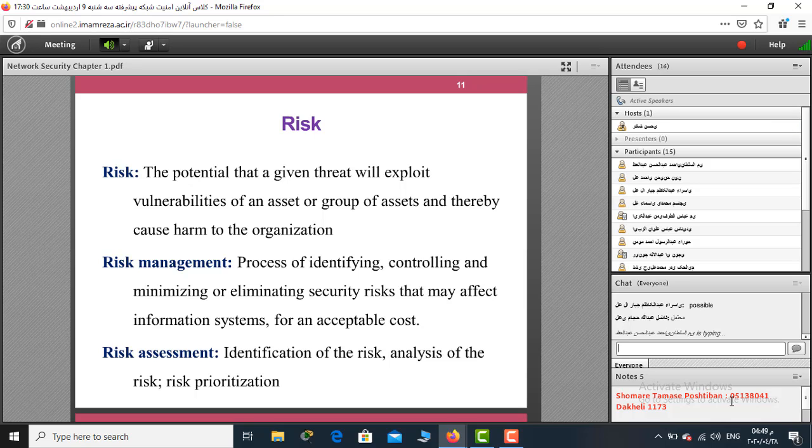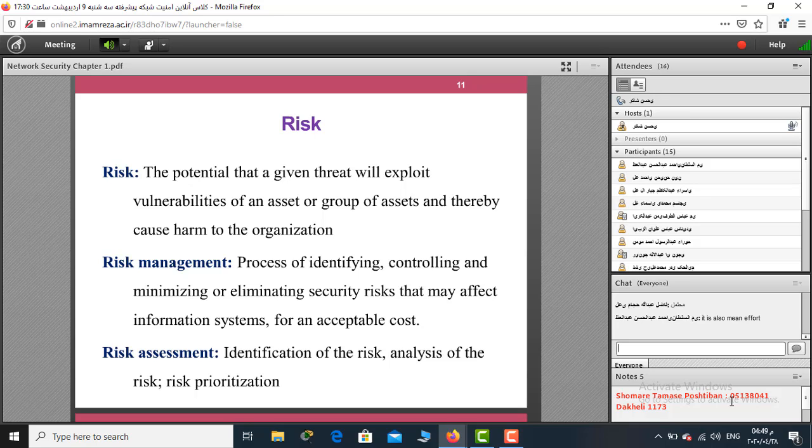You know that person and you trust him. Only 1% is the probability that he will not return your money. Okay?